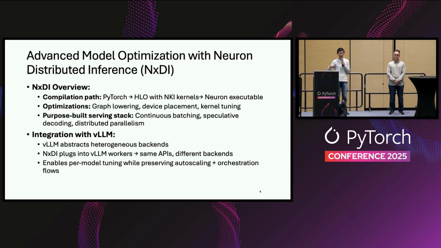So these enable a larger scale of running inference. All of these are integrated with vLLM so that the Neuron workers work in a similar way as GPU workers, so that we don't need to break anything in the orchestration fleet for the running purpose.